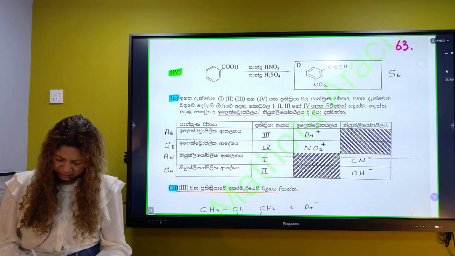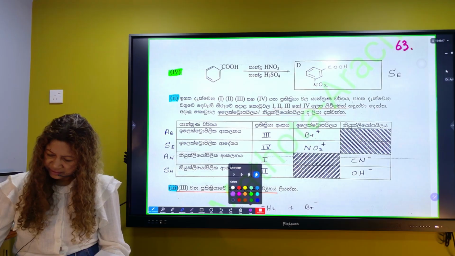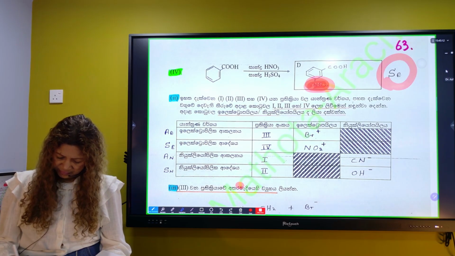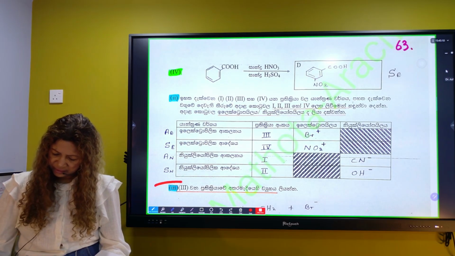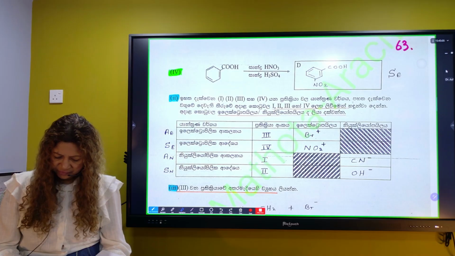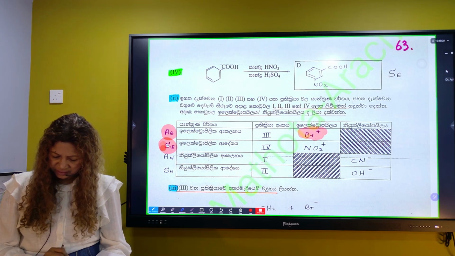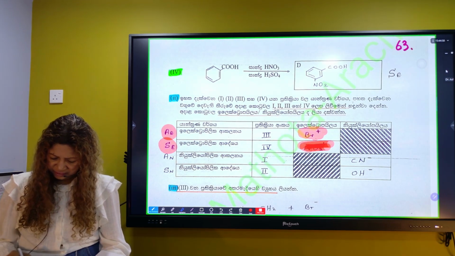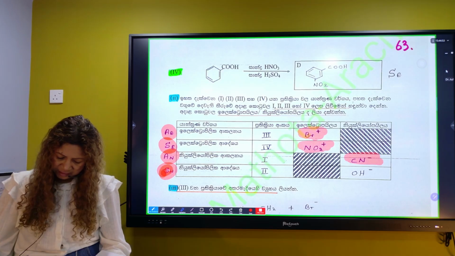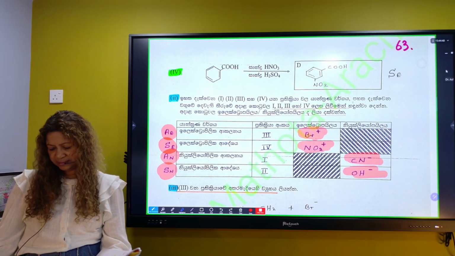Nitric sulfuric, electrophilic substitution again. So you are adding this NO2. And then check this table. Electrophilic addition, Br plus; electrophilic substitution, NO2 plus; nucleophilic addition, CN minus; nucleophilic substitution, OH minus.